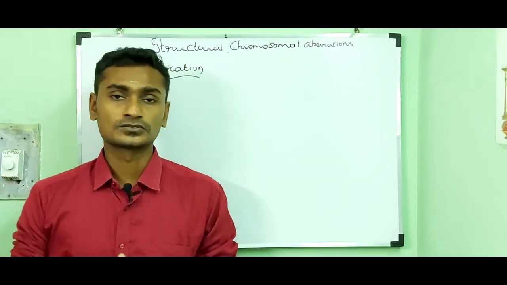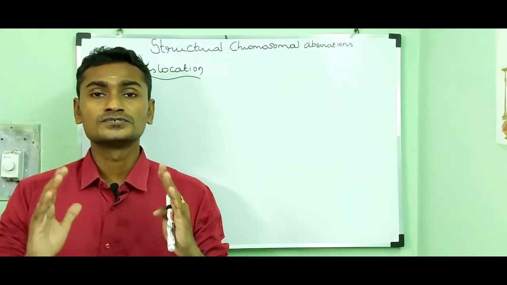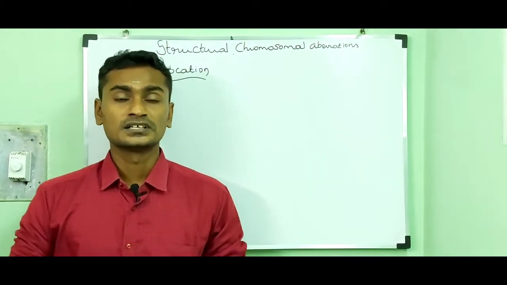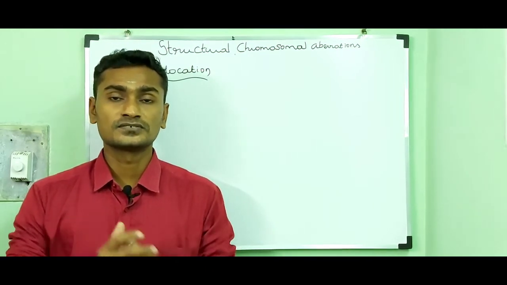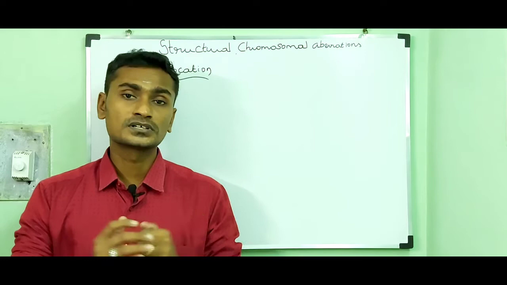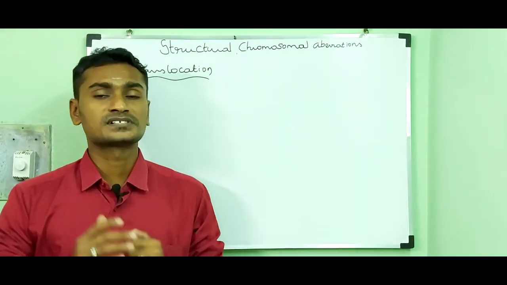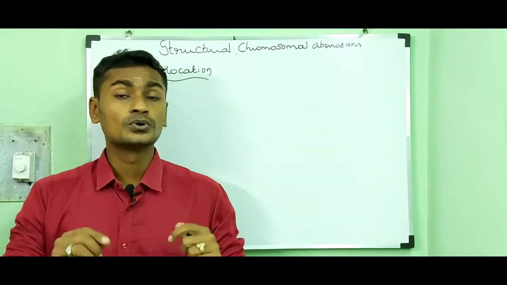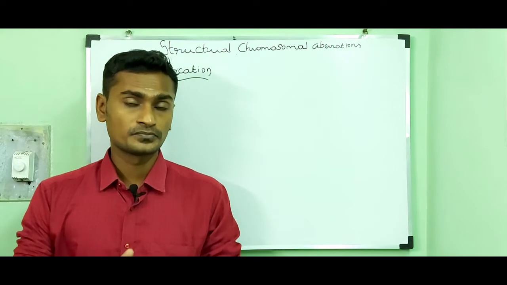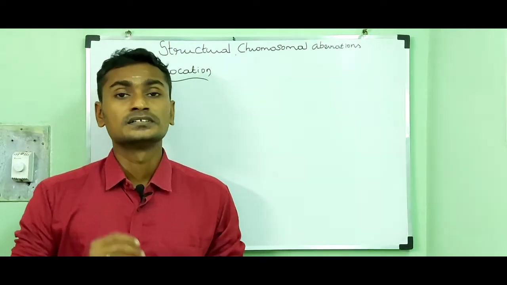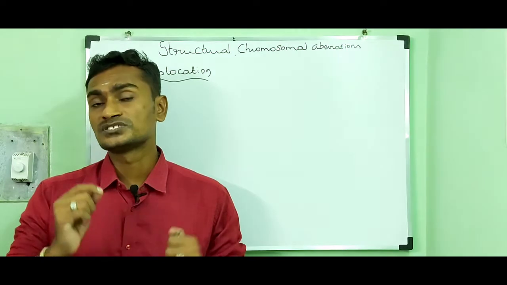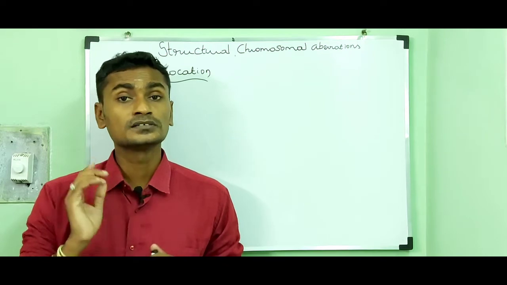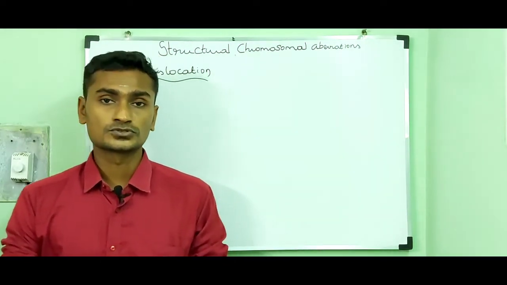Don't confuse the crossing over process and the translocation process. Crossing over means the exchange of genetic material between two homologous chromosomes, while in translocation, chromosome segments are interchanged between two non-homologous chromosomes.